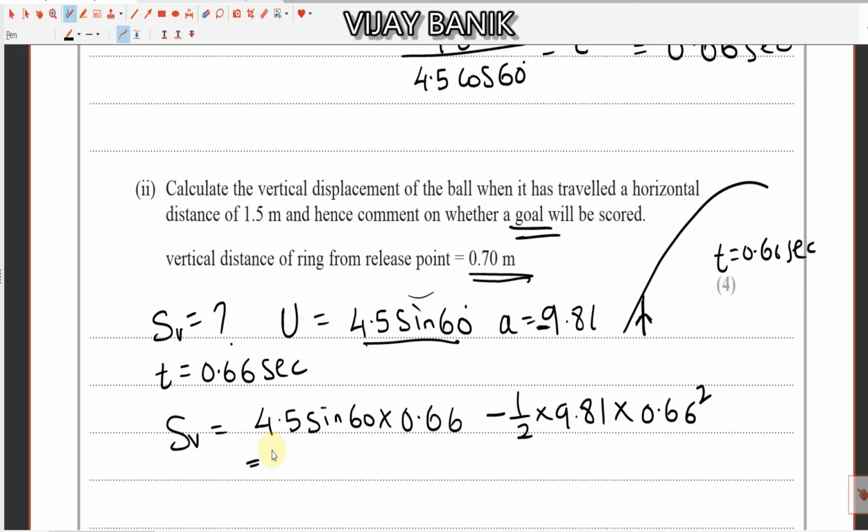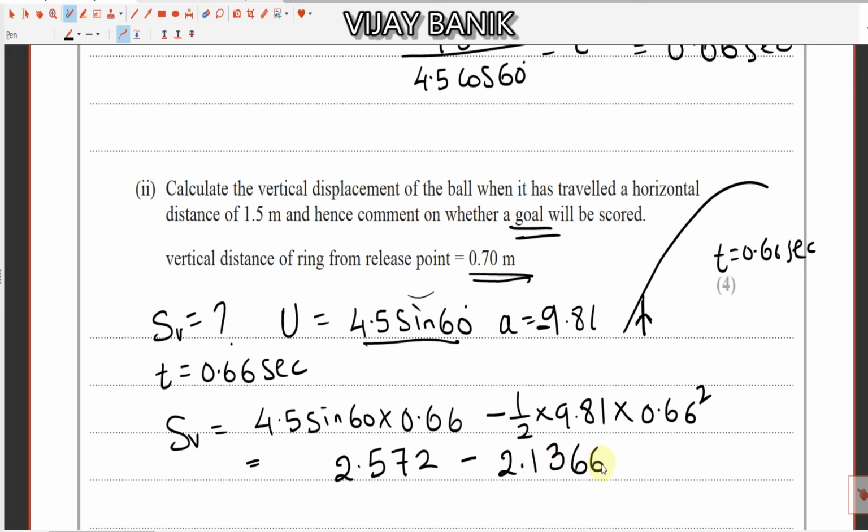4.5 into sine 60, into 0.66, that's 2.572. 2.572 minus 0.5 into 9.81 into 0.66 square, that is 2.1366.